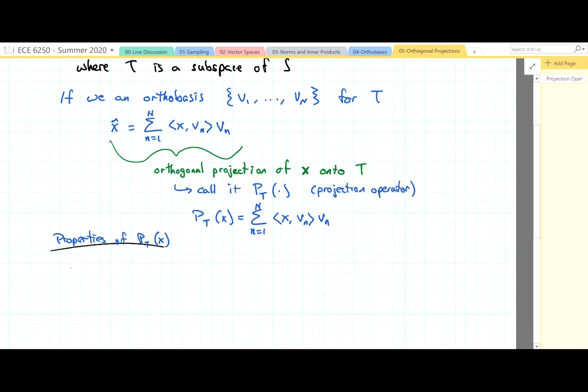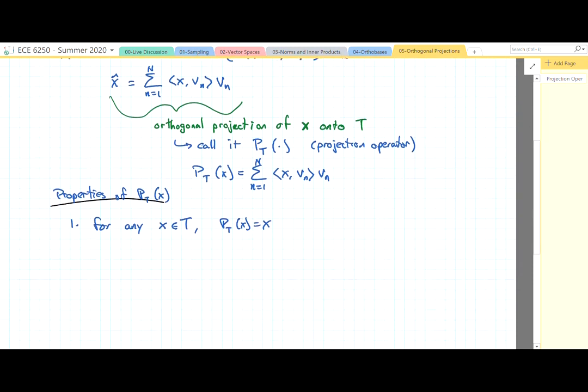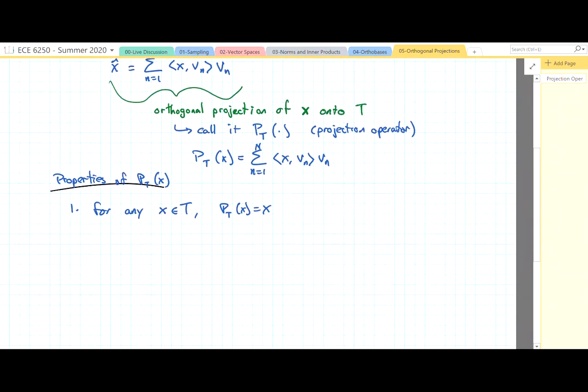First one, for any x in t, PT of x is equal to x. So we can actually prove this pretty simply. I'll go through this just for the exercise.